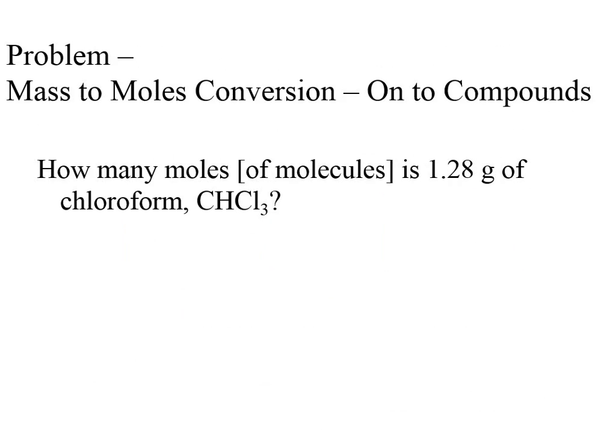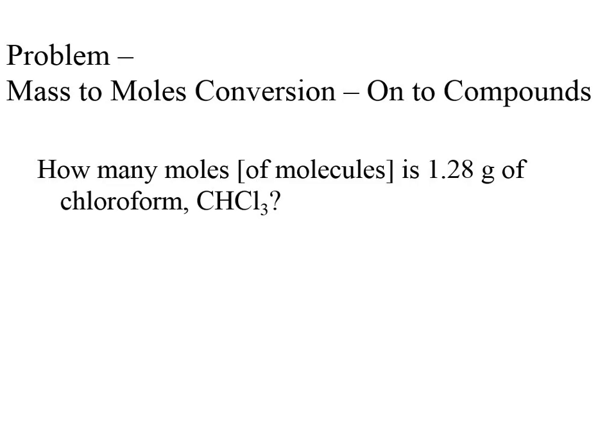So let's do a similar thing with a compound. That was an element, calcium. Now we're going to scale it up to a compound. So chloroform. Hydrogen, a nonmetal, carbon, nonmetal, chlorine, nonmetal, so chloroform is a molecular compound. Remember, the thing in brackets probably won't be there in normal problems. How many moles is 1.28 grams of chloroform?